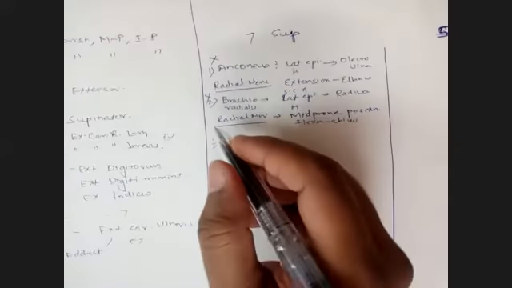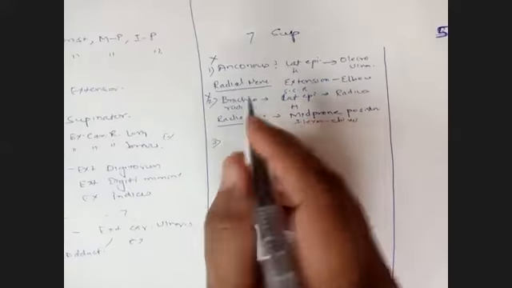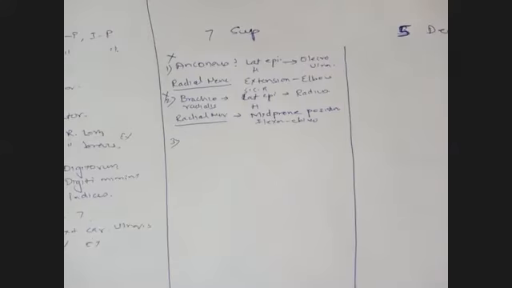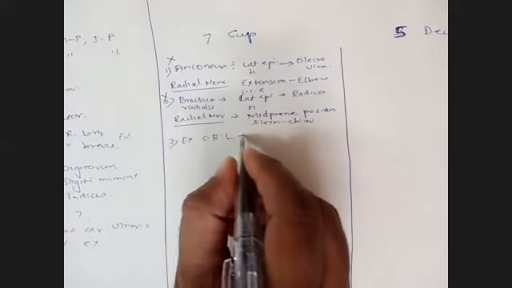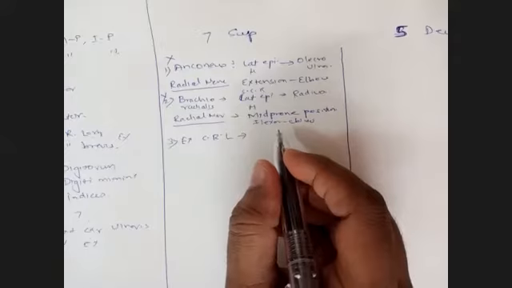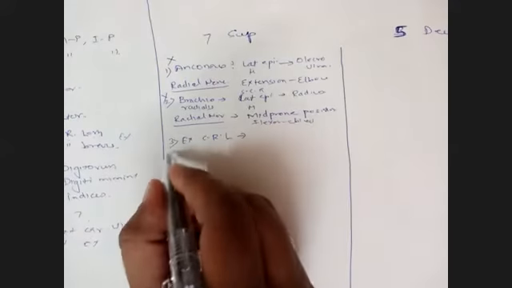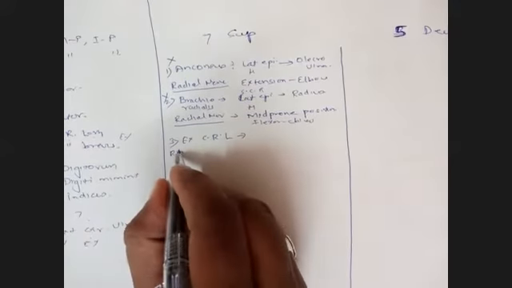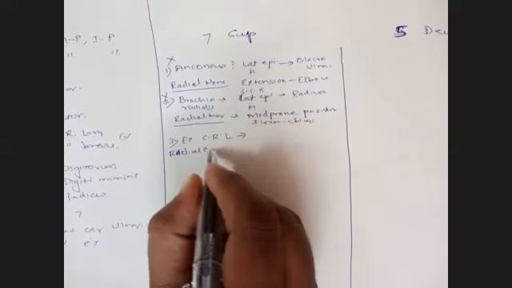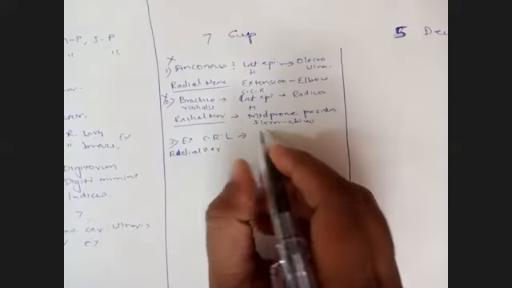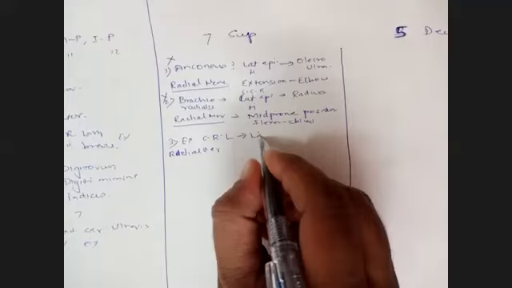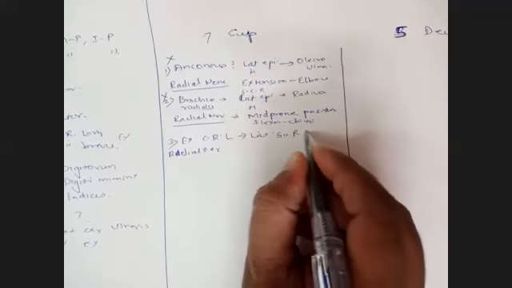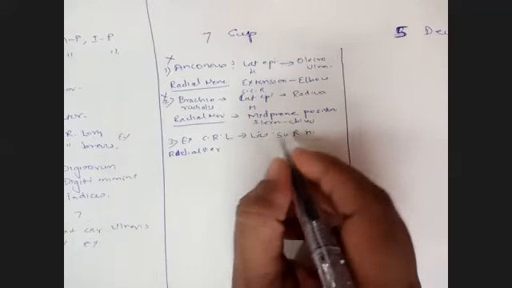Now comes our next muscle, that is extensor carpi radialis longus. Now, this muscle also is different in that it is supplied by the radial nerve. Otherwise, its origin is again from the lateral supracondylar ridge of the humerus and from the common extensor origin.